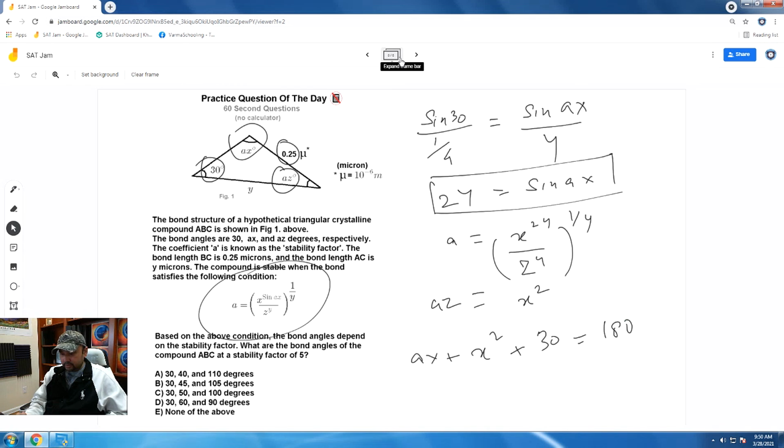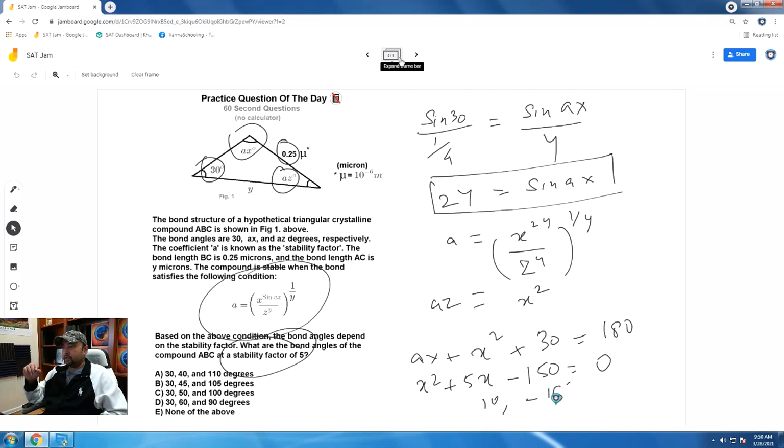Now, it's telling us that the stability factor is 5, so the equation now becomes x squared plus 5x minus 150 equals 0. So you instantly see that if you factorize that, it will be (x + 15)(x - 10), so x equals 10 or negative 15.